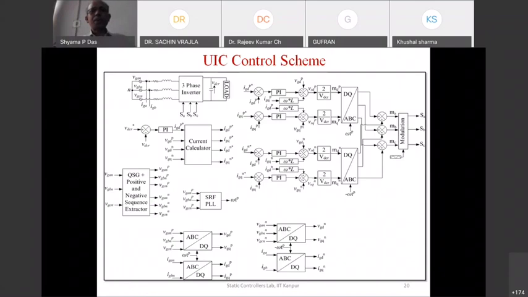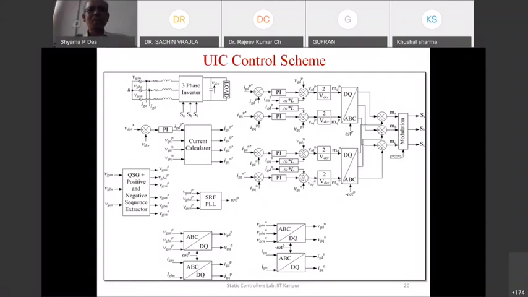the DC link voltage VDCR is decided by how much active power is fed from the converter to the grid. And active power is basically realized by interaction of VGDP with IGDP.